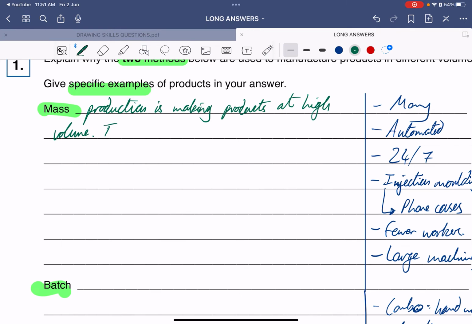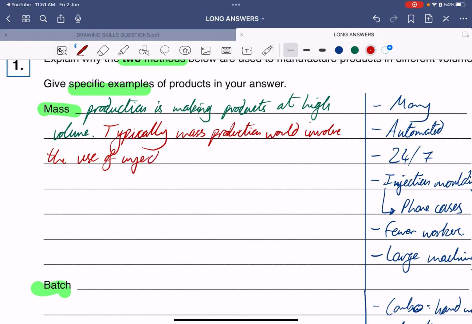So I would use, actually, you know what? I'm going to do my example in a different color. Typically, mass production would involve the use of injection molding to make high volume products.